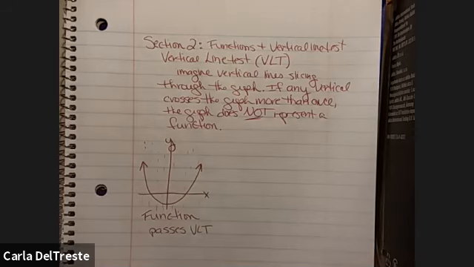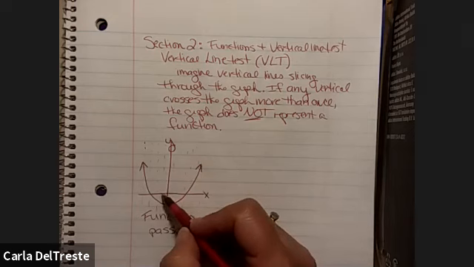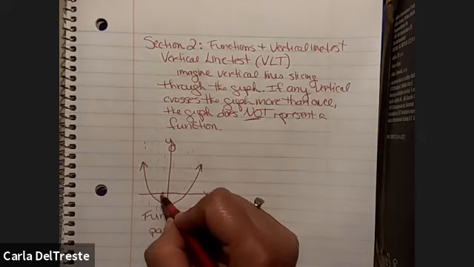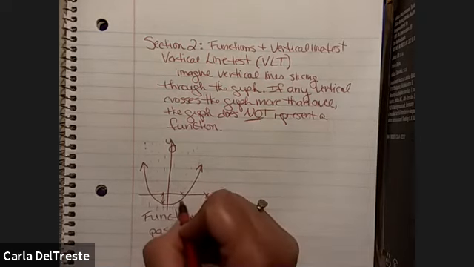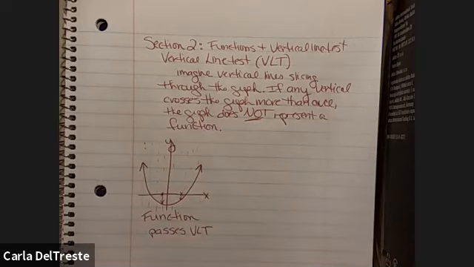What does that have to do with our previous video? Well, remember the concept that every input is only allowed one output? So by drawing these vertical lines, I'm saying, okay, does this input give me one output? Yeah, it does. Does this input give me one output? Sure, it does.